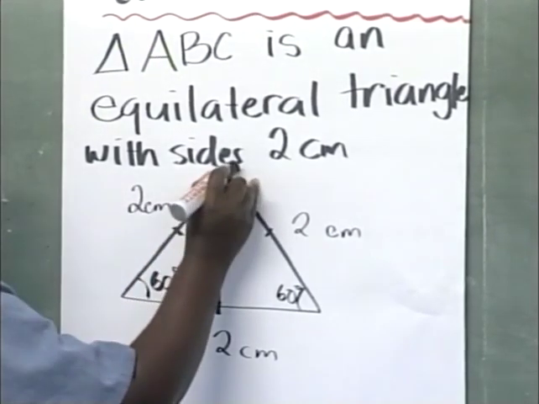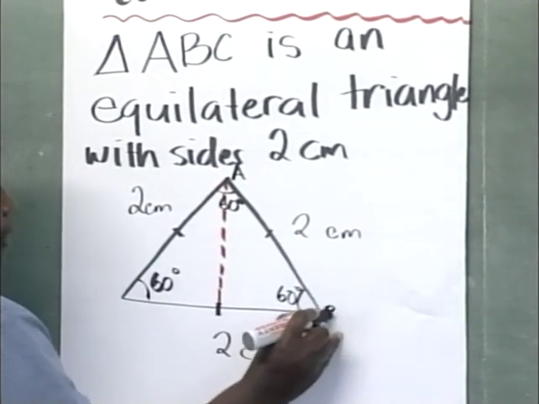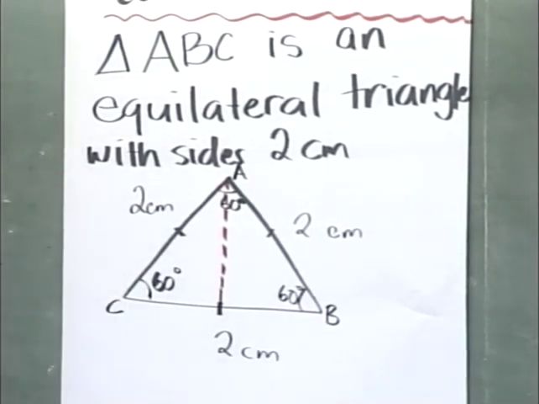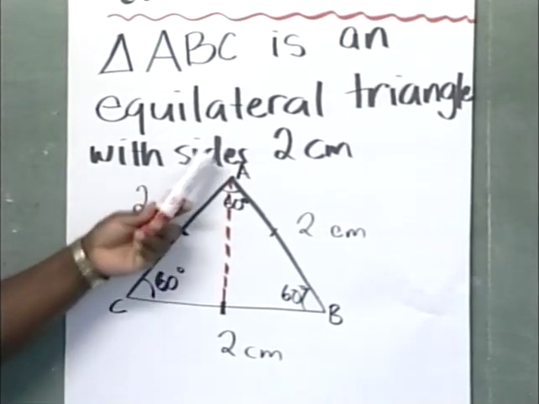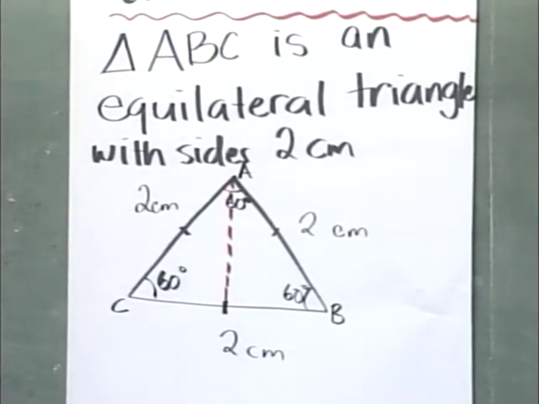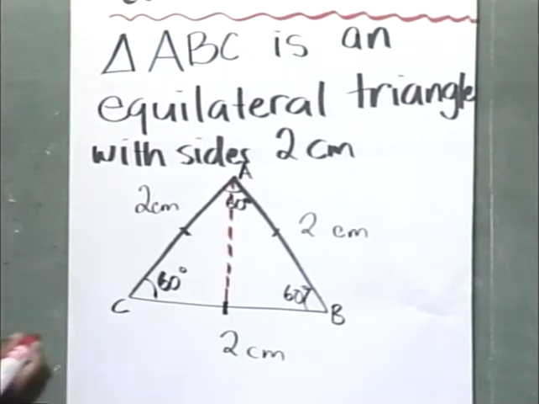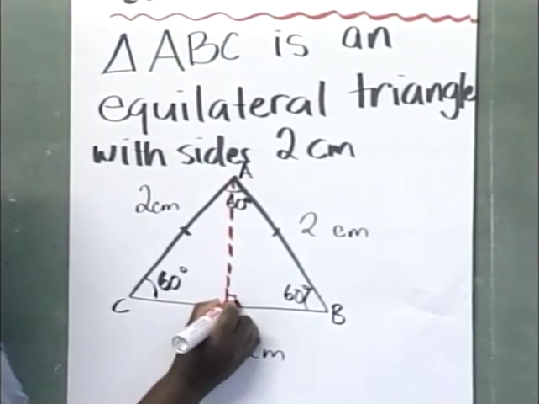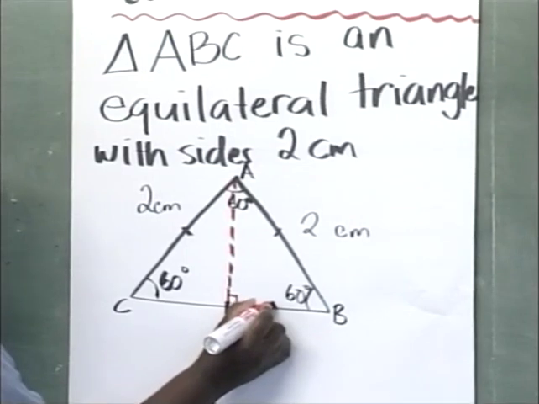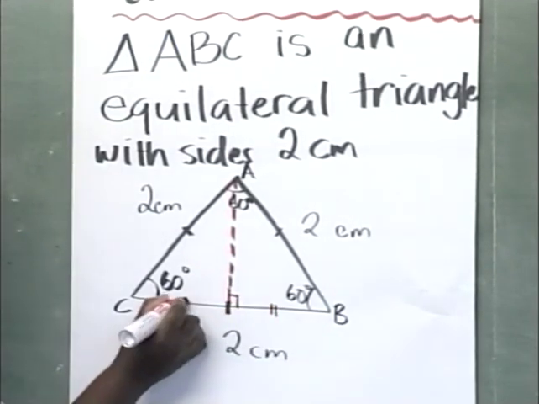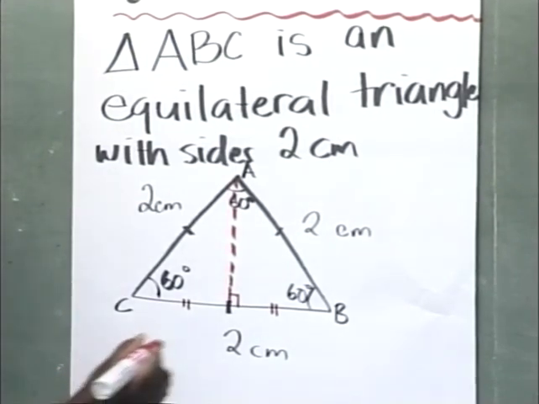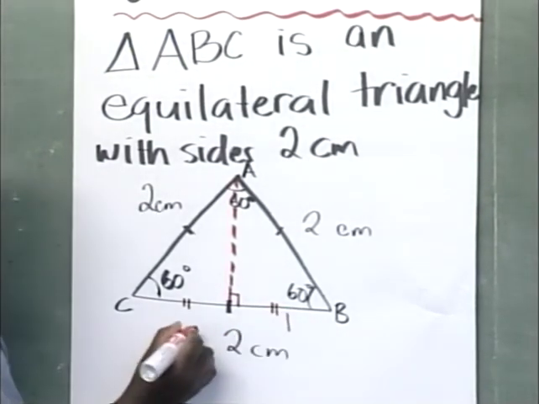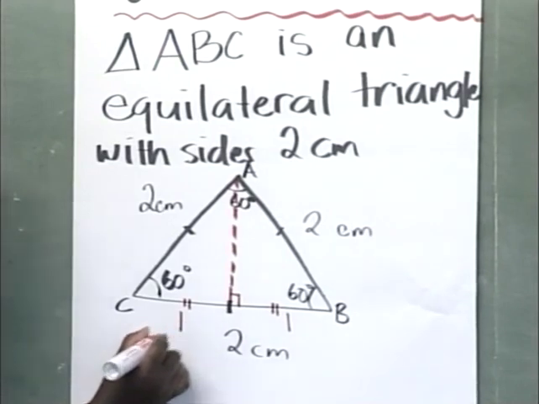So if this is triangle A, B, and C, and I draw a perpendicular line from the vertex A, it will bisect the line BC at right angles. So this one is now equal to 1 unit, and this one is also 1. So I'll just write that down, 1 centimeter and 1 centimeter.